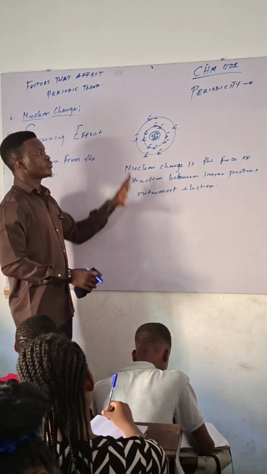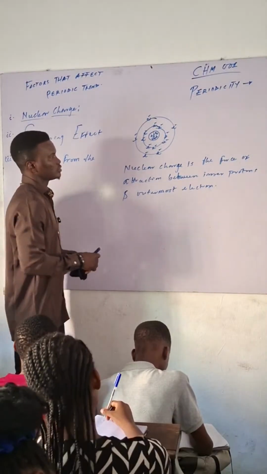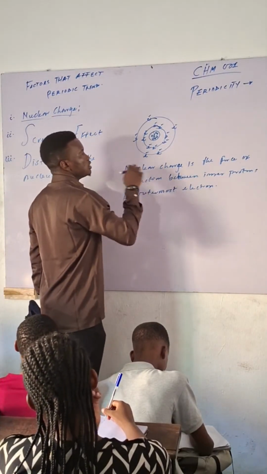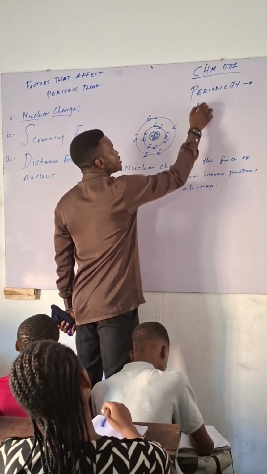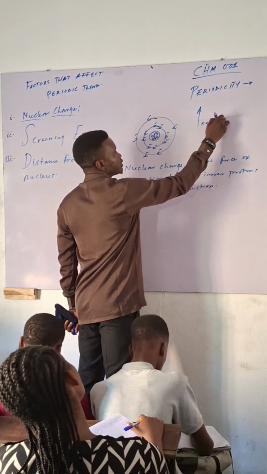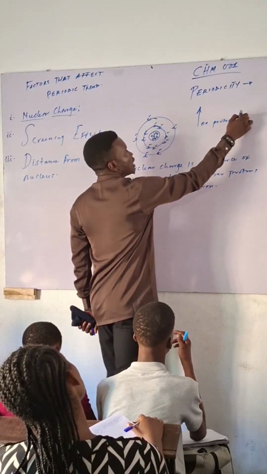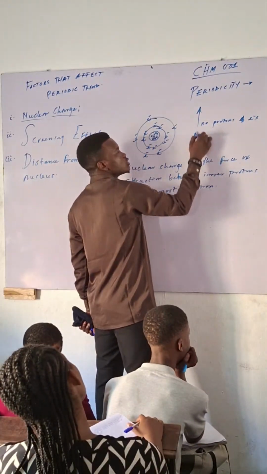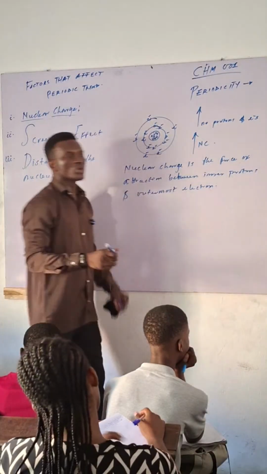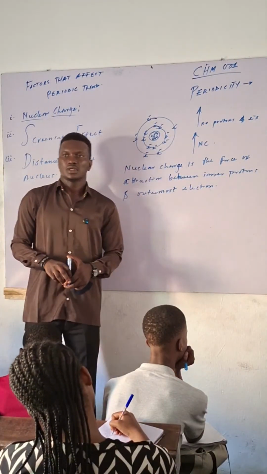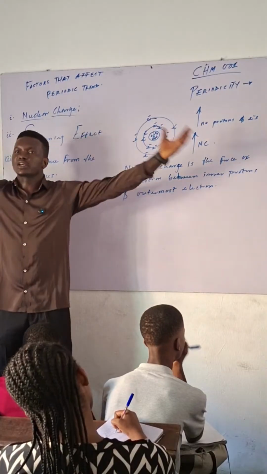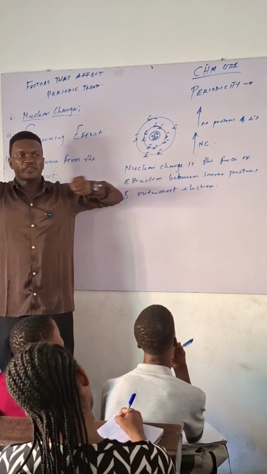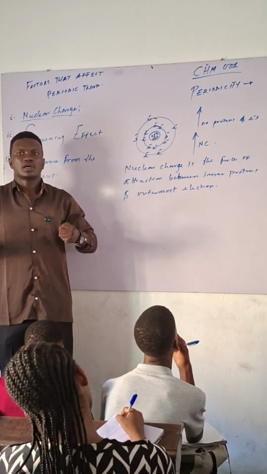Now, for what we have here, the higher the number of protons and electrons, the higher the nuclear charge. You need to know that. As the number of protons increases and the number of electrons increases, there will be more effective force.